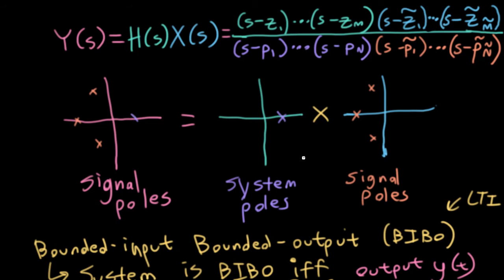I gave it a bounded input, but I got an unbounded output. It messed up stability. Now suppose that I had an exponentially expanding sinusoid in the system function. Well, that's going to appear in the output too, and that's going to mess things up. Once again, I see that having poles on the right-hand side was bad news.